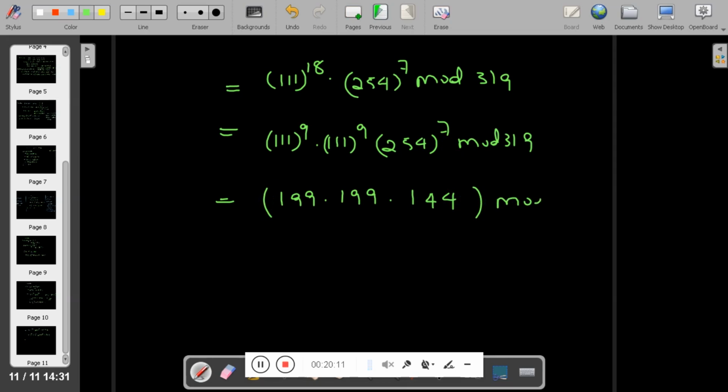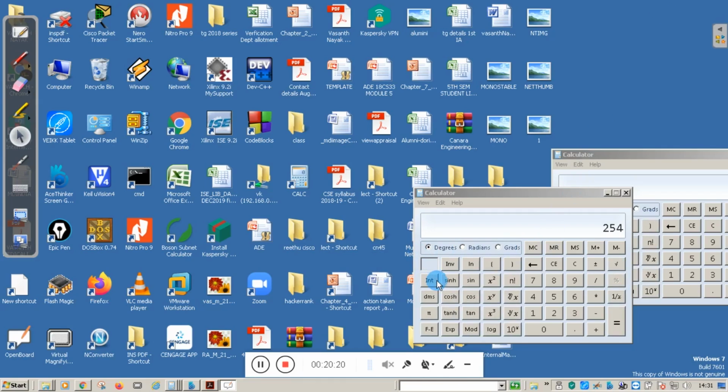Finally, you need to find out the mod of this product. Let's use the calculator once again. 199 into 199 into 144, mod 319, this gives 100.